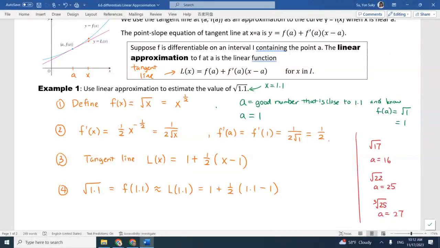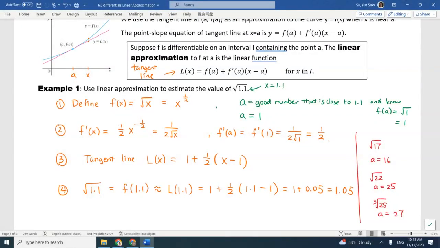So what is 1.1 subtract 1? 0.1. What's 0.1 over 2? 0.05. Yes. So we get 1 plus 0.05 is 1.05.